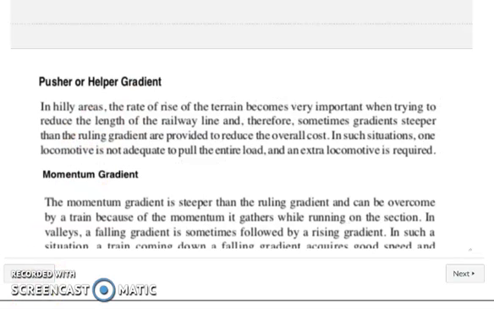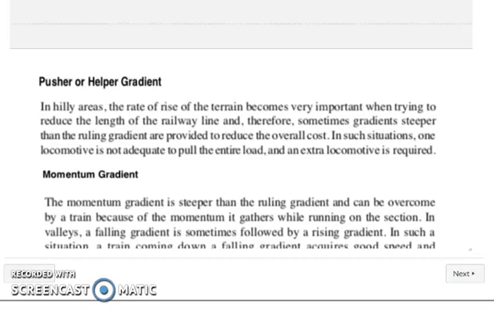Then the second type of gradient is the pusher or helper gradient. That is in hilly areas, in areas wherein you are going to construct the track system on a hilly part, which means that the rate of rise of the terrain becomes very important when trying to reduce the length of the railway line.